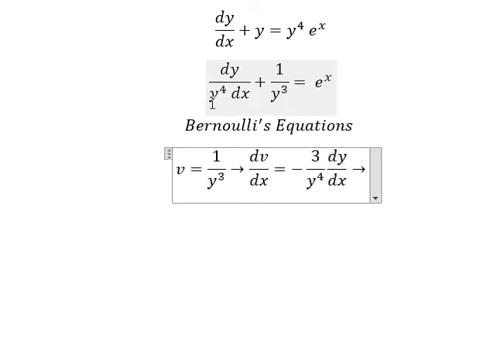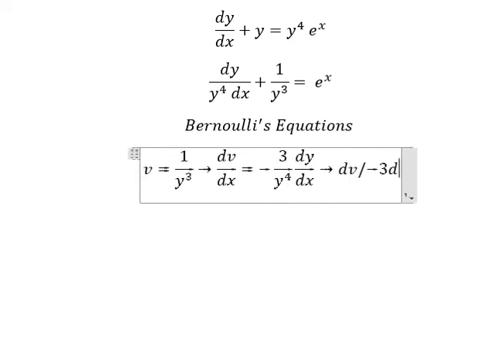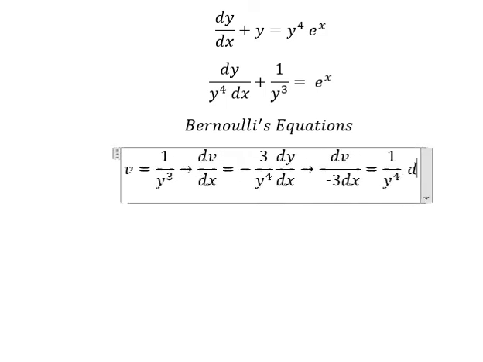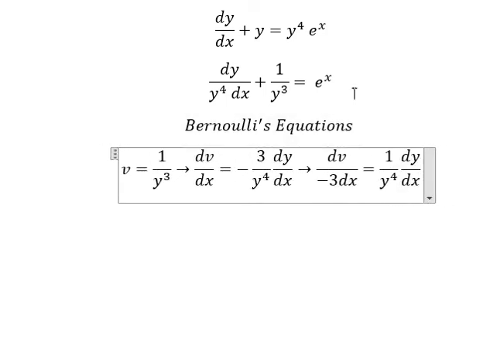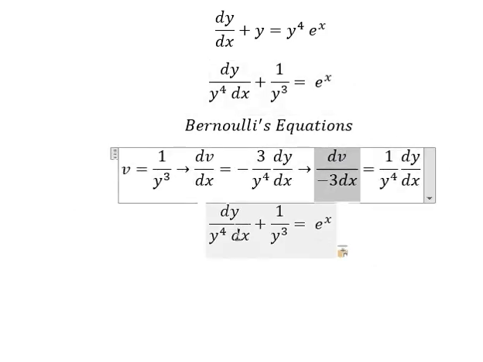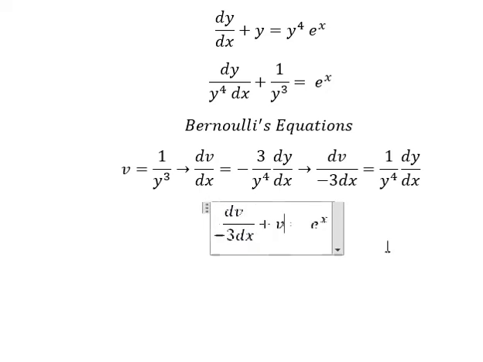Because we don't have negative number 3 in here, we divide both sides by negative number 3. So this one I will put in here. This one we change by v.